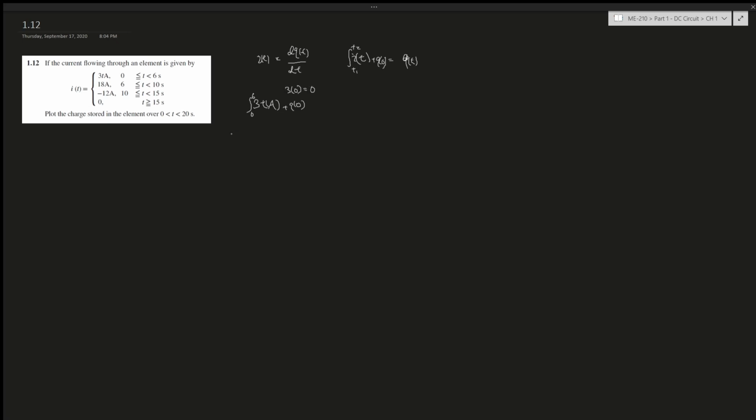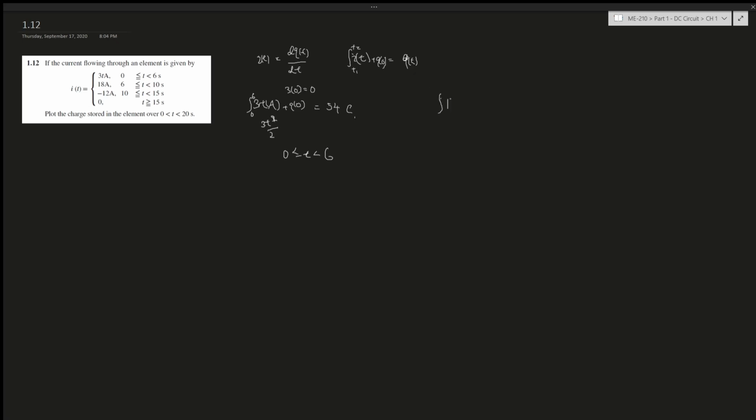So this will become 3t squared over 2, and if we plug everything in, 6 squared is 36, so it would be 54 coulombs stored.